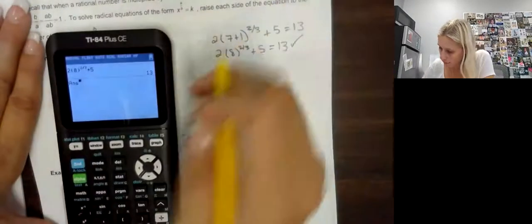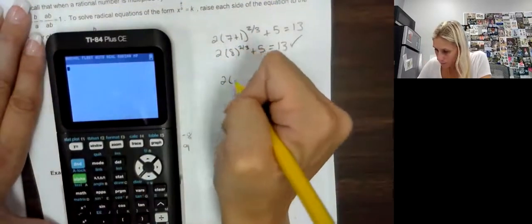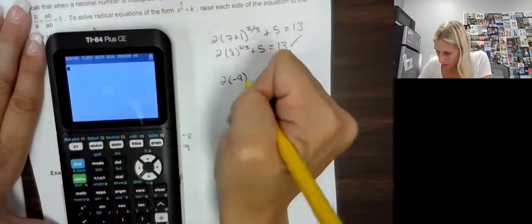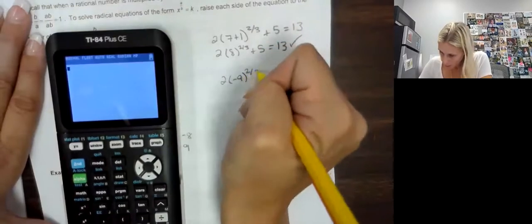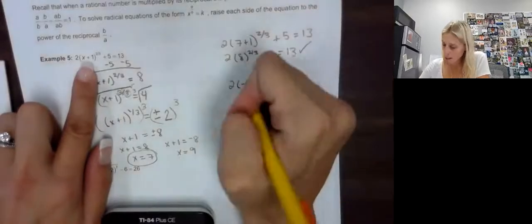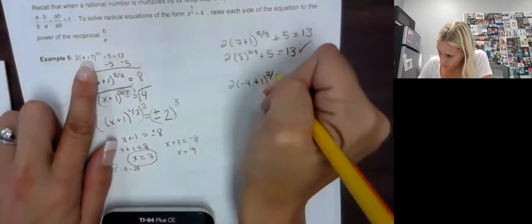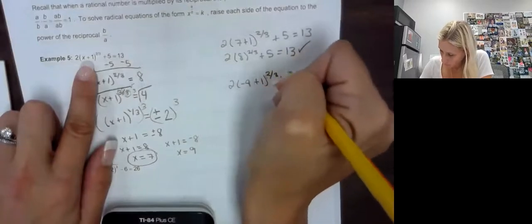Let's check if -9 works, right? Oops, -9 plus 1. I forgot to put that in because I'm doing it to the original problem, right? So -9 plus 1 to the 2/3 plus 5.